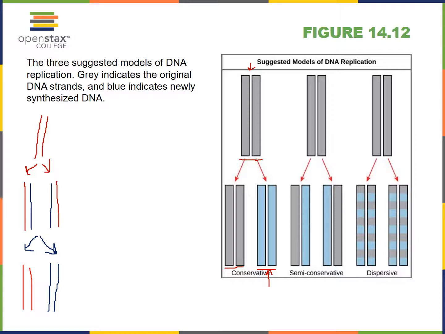The semi-conservative model, semi means half, conserve means keep, is this one right here where the parental strand would split. And then using the parent strands of DNA as templates, you'd make the new strand, and they would just stay that way.